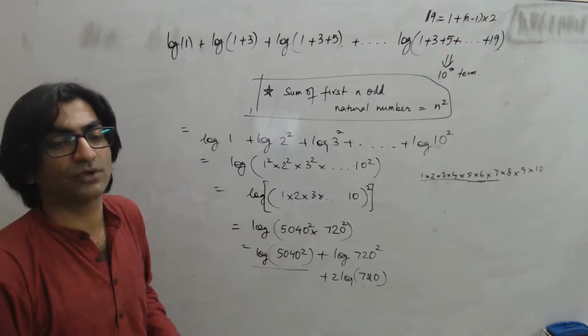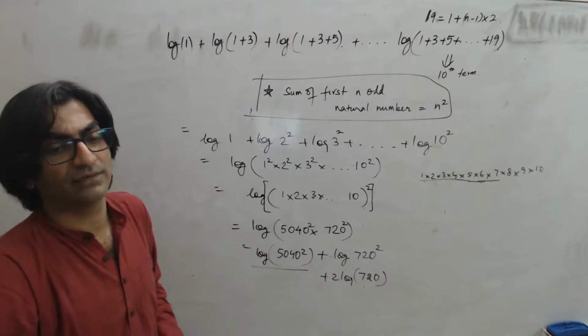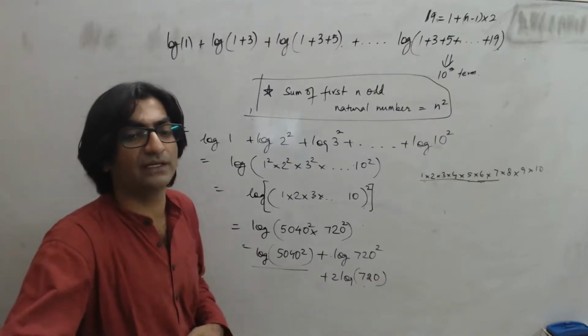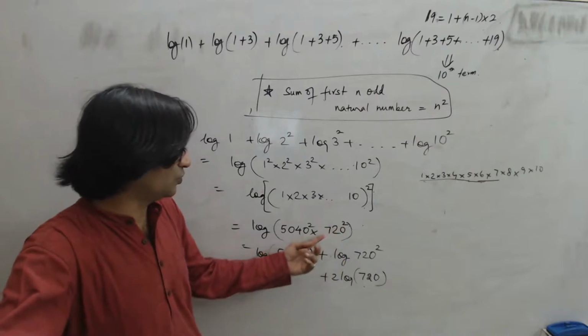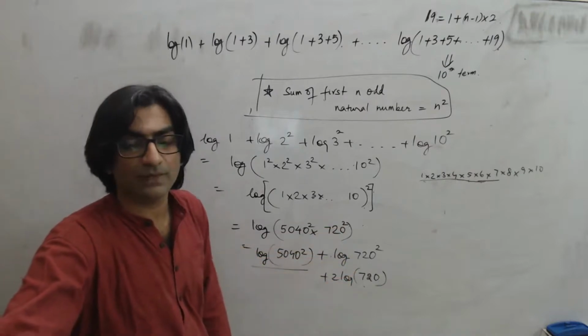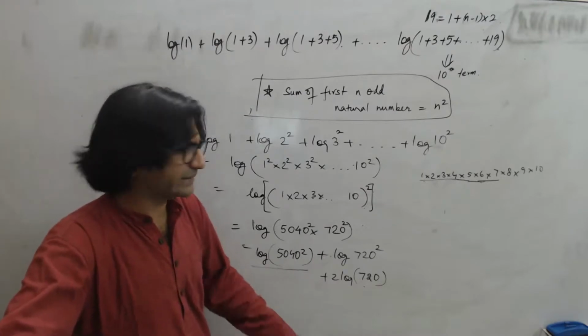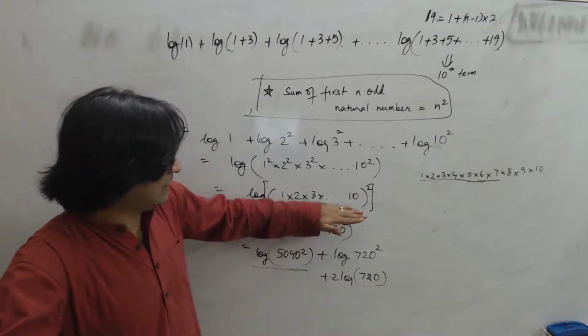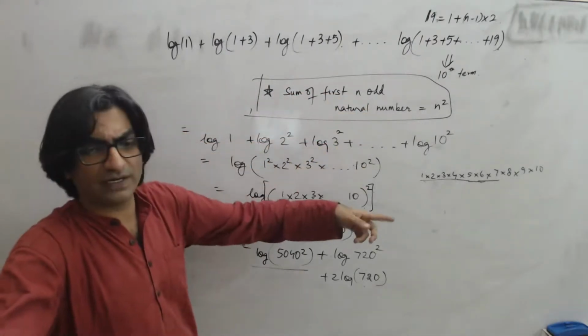So my answer becomes option C. The correct answer is option C, 722, and 720 whole square. Log of that will be 2 log 720, and so m plus n becomes 722. Is that clear, you guys? What have I done? Till here, first I used a trick, write those as 2 square, 3 square, 4 square till 10 square.